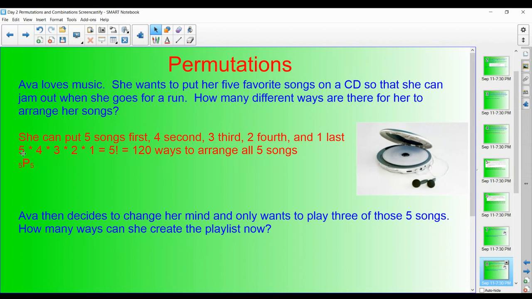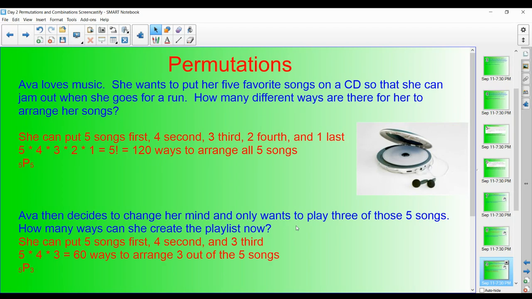So 5 spots to pick from: 5, 4, 3, 2, 1, which we write as 5 factorial or 5P5. Now, if she only wanted to pick 3 and make a specific order, it would be 5P3, so 5 times 4 times 3. So if order matters, we're going to use a permutation.